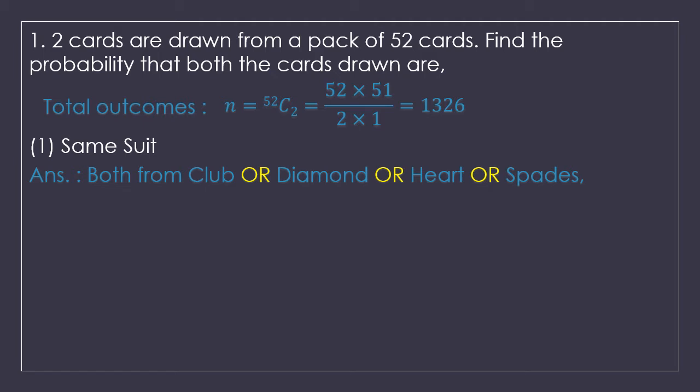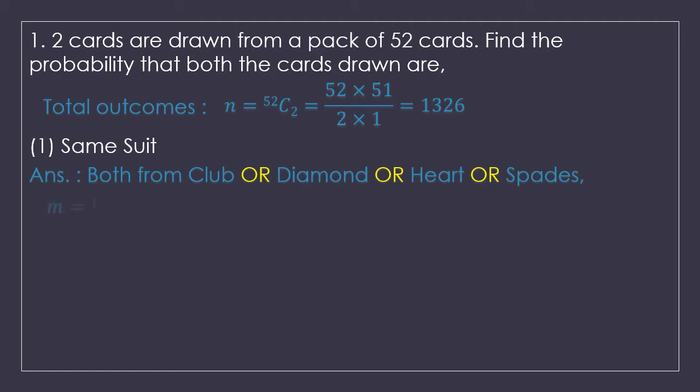I hope you have noticed the or words used with the yellow highlighted colors here. That or here means we have to add these values. So both cards could be from club suit or diamond suit or heart suit or spade suit.